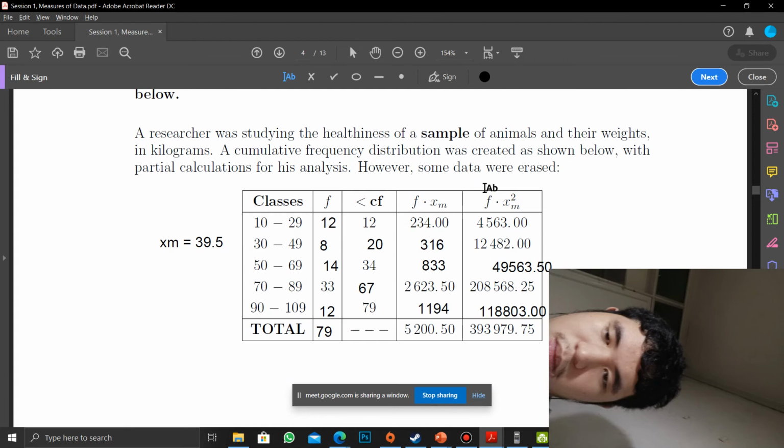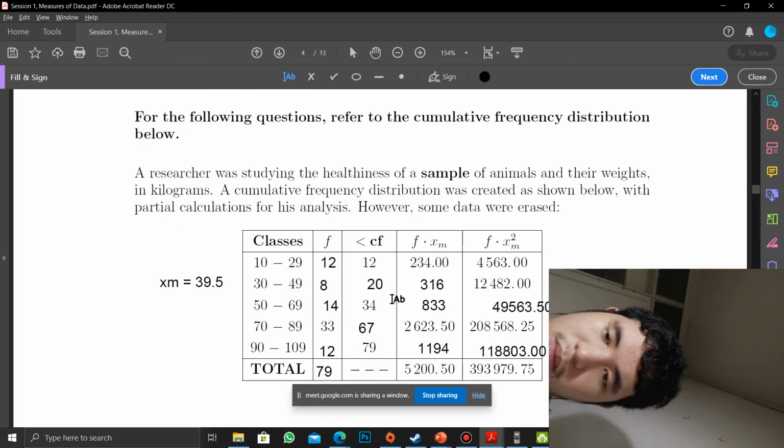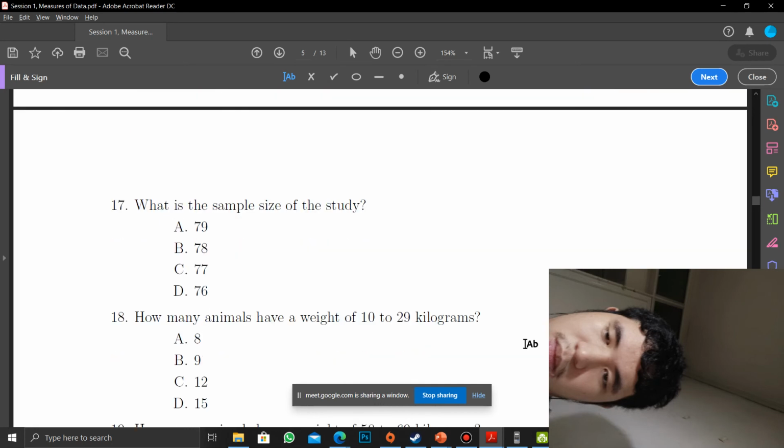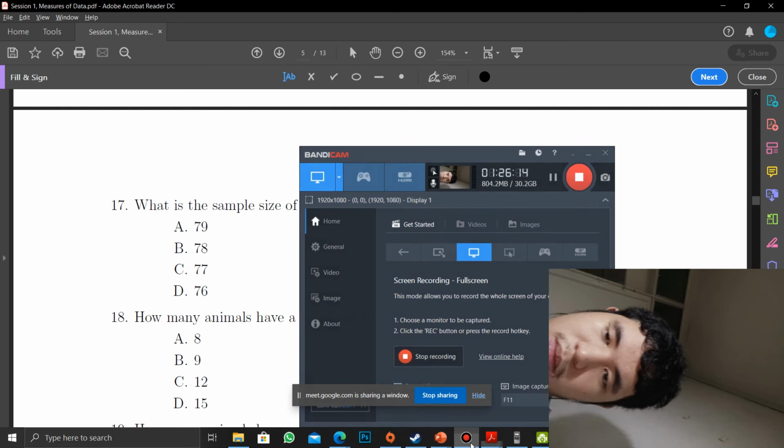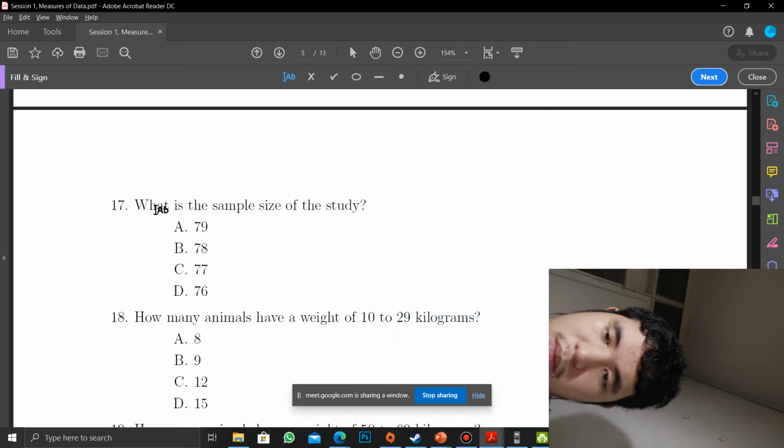Game. Ngayon, let's answer this together, no? Sige, look at number 17 to 22. Take a picture of this table or screenshot. Okay, game. What is the sample size of the study?